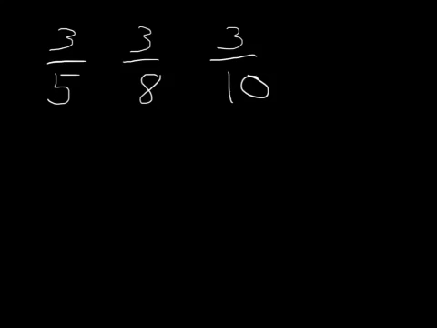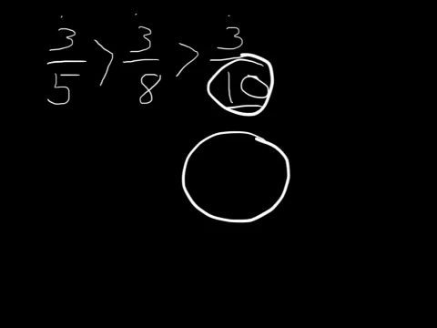So 3/5 is going to be larger than 3/8, which is going to be larger than 3/10. 3/10 is the smallest amount in this case, because although you have 3 pieces of each, you have 3 much smaller slices. If we tried to actually do that, it would look something like this.